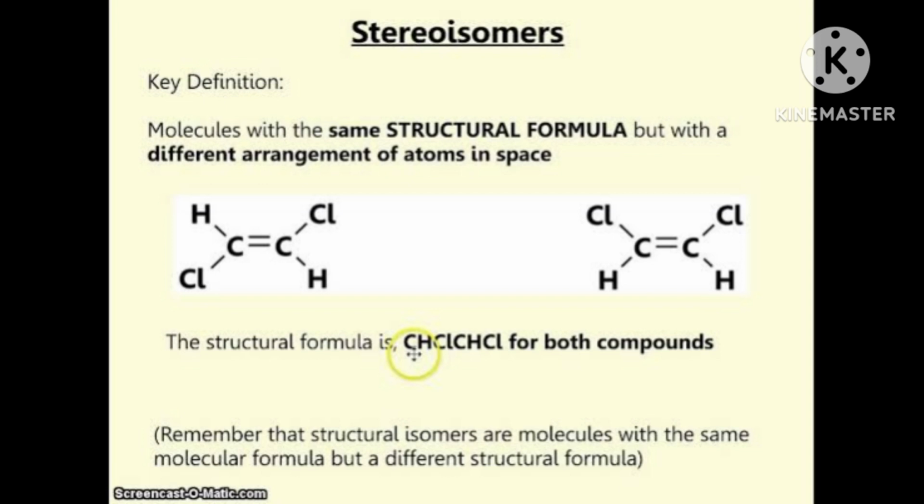Now the second question, the second compound. This is also the same way. The compound is bigger, but the same things are there. Suppose a carbon double bond is there, according to the question.